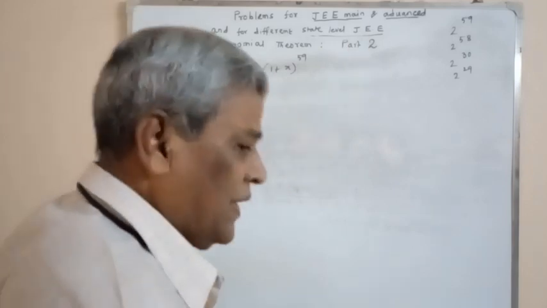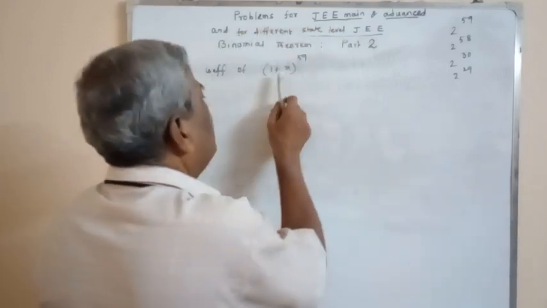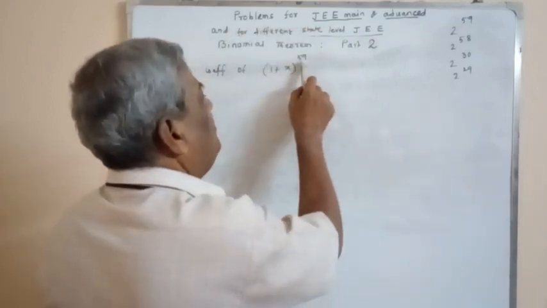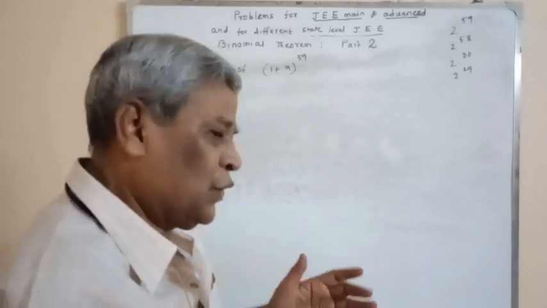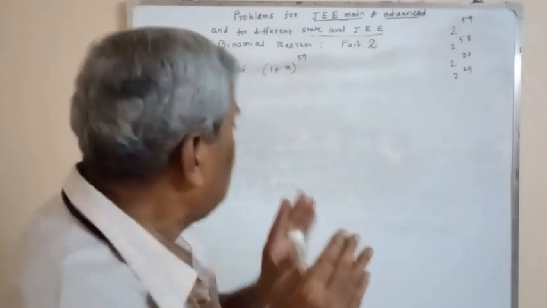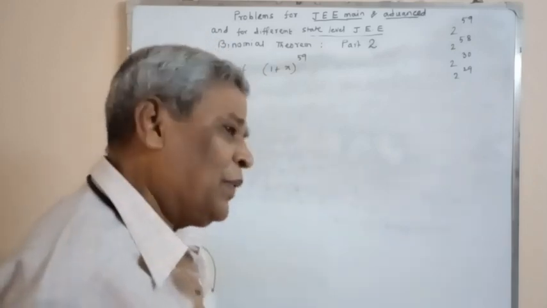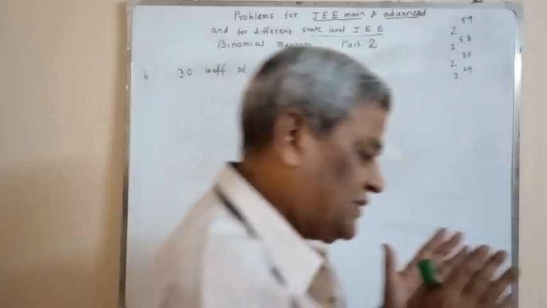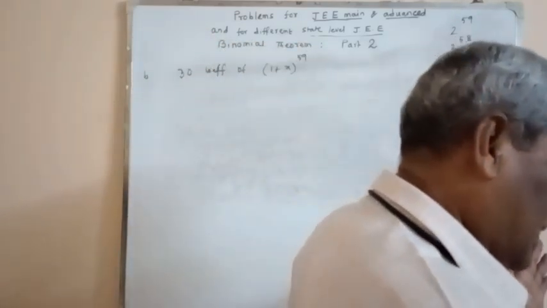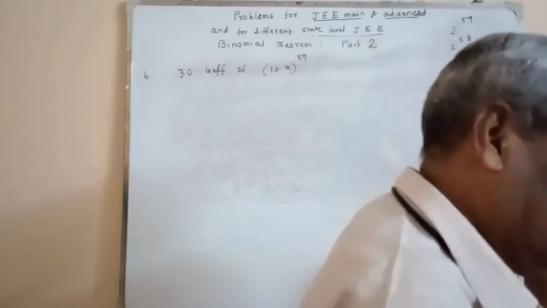Options are there. So we know that this contains 59 plus 1, that is 60 terms. So the last 30 coefficients are half of the total coefficients. But we know that the sum of first 30 coefficients and sum of last 30 coefficients are the same.